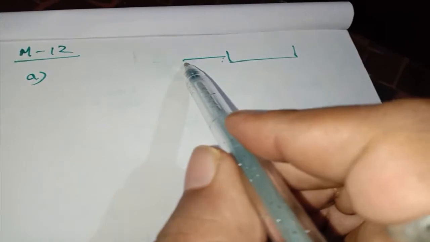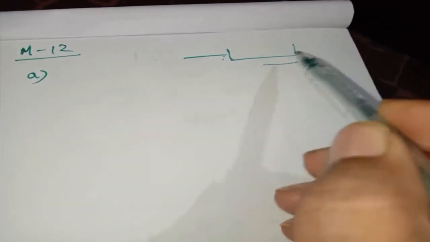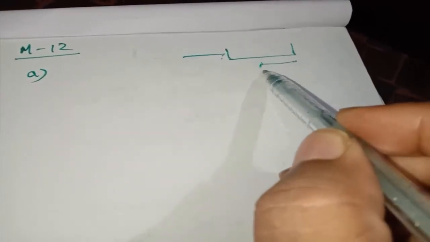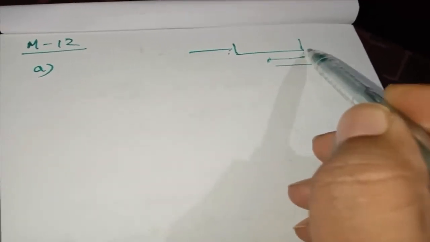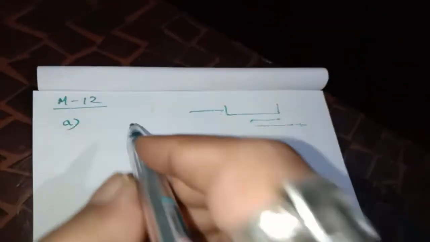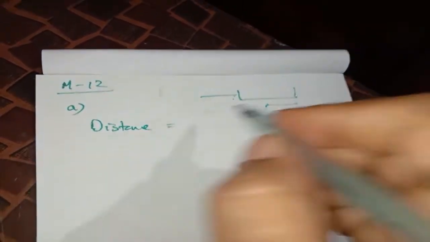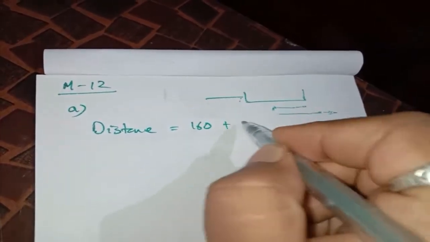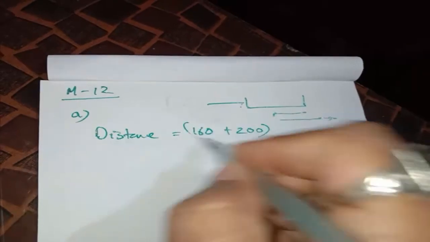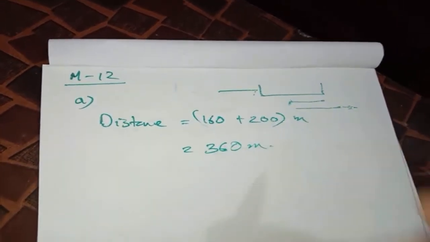If this train comes from here to here, that doesn't mean that it has passed. This end point will also have to go out of the platform, then only the whole train will pass the platform. That means here the distance will be the length of the train plus the length of the platform. So it will be 360 meters.